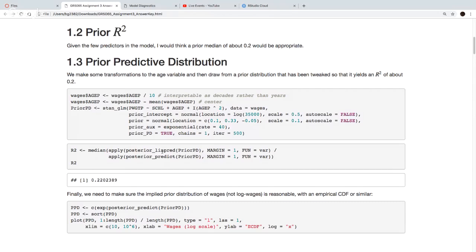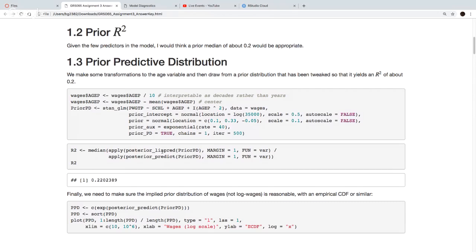And so in principle, the denominator should be bigger than the numerator. This conceptually aligns with the definition of R squared that you've probably heard before. It's just that in this case, we get a distribution of it, and we can get its distribution before we actually deal with the wages data.